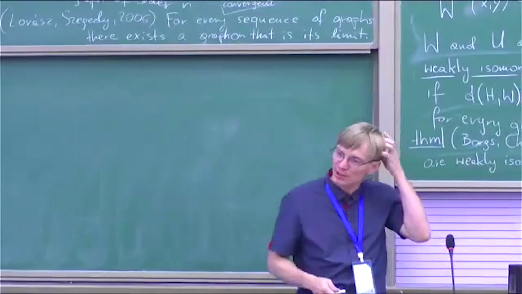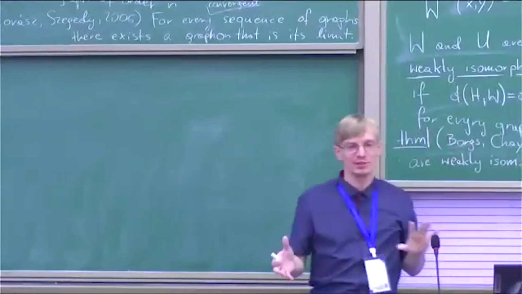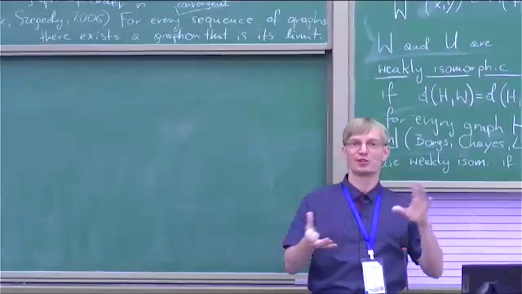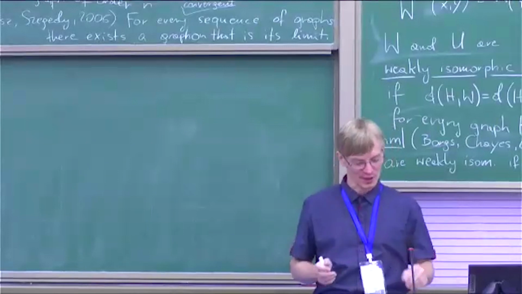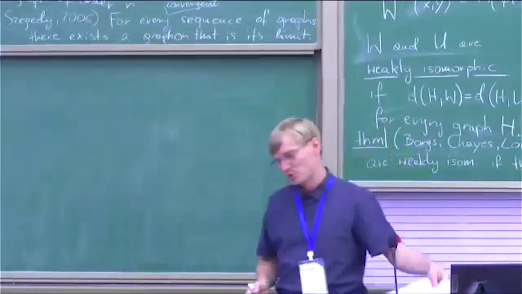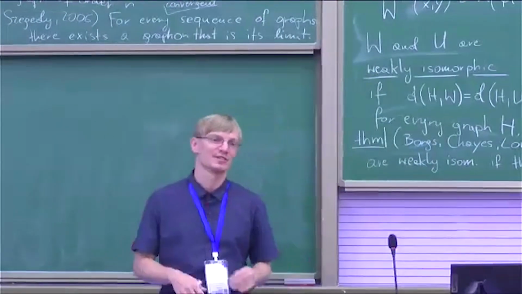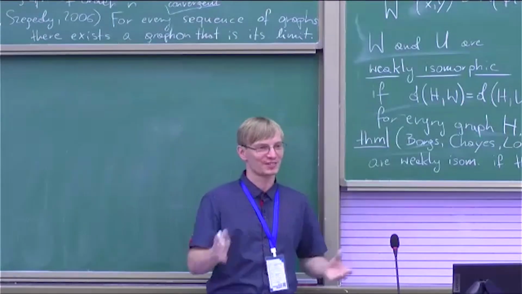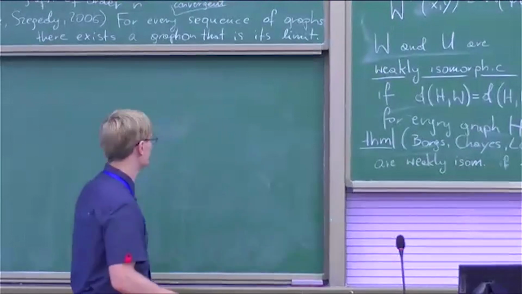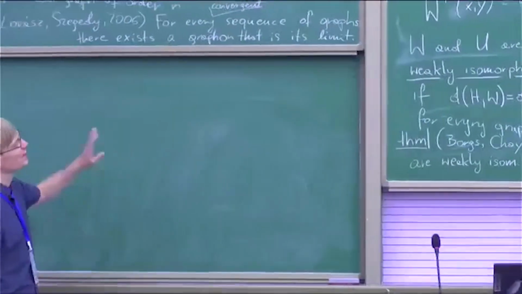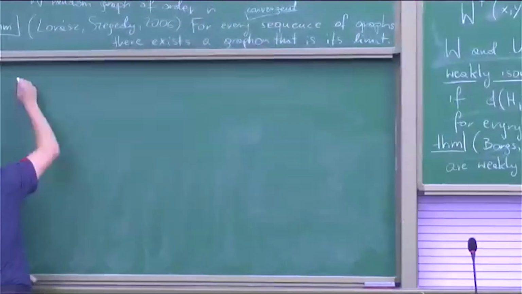We would like to say what it means that two graphons are close to each other. In order to do so, I want to define some metric on the space of graphons. But before that, I need to generalize the graphons a bit.